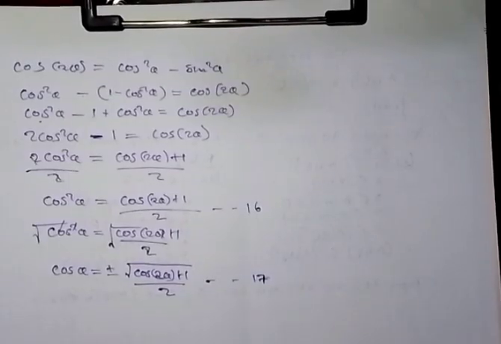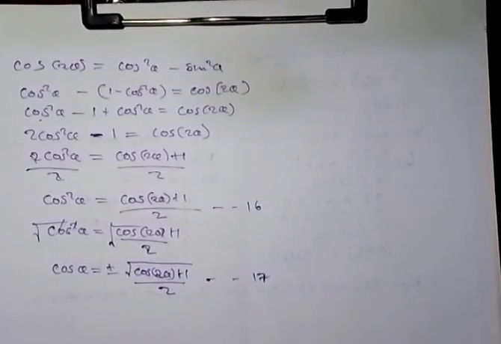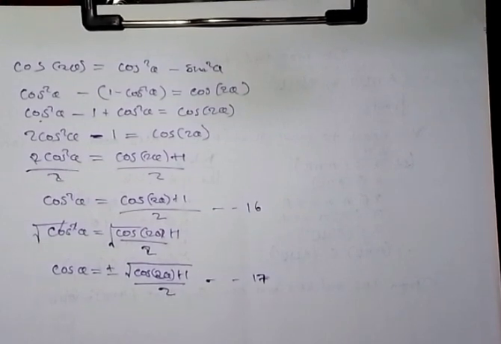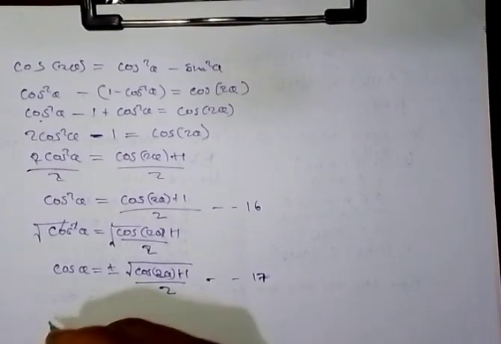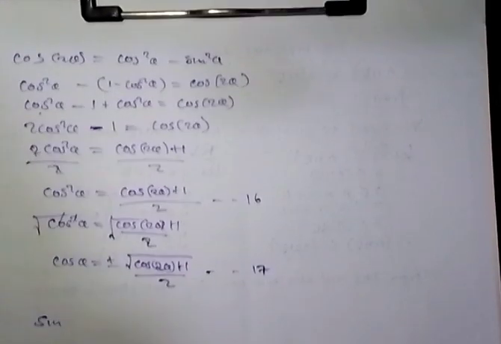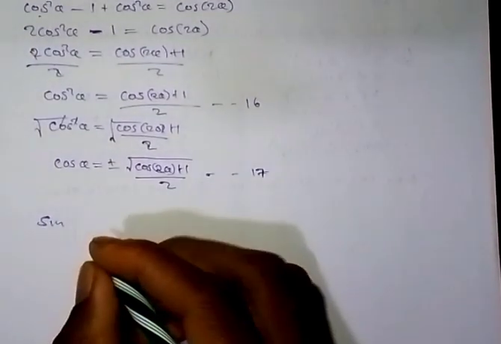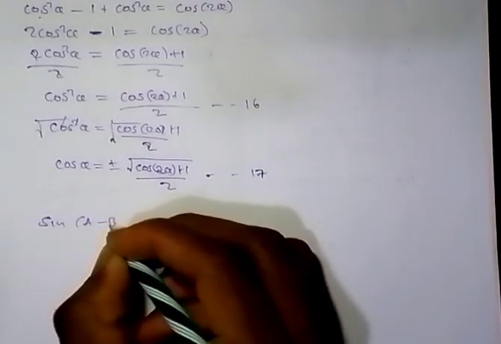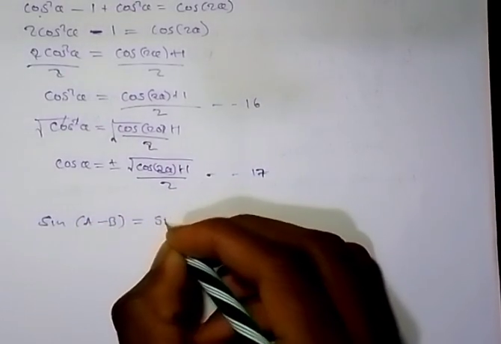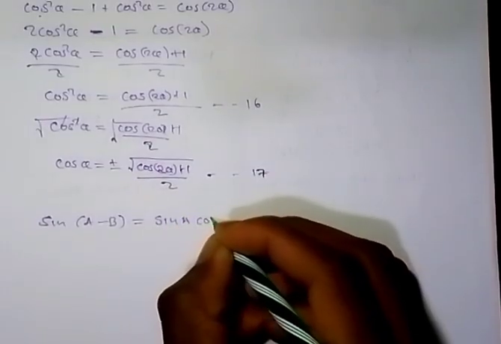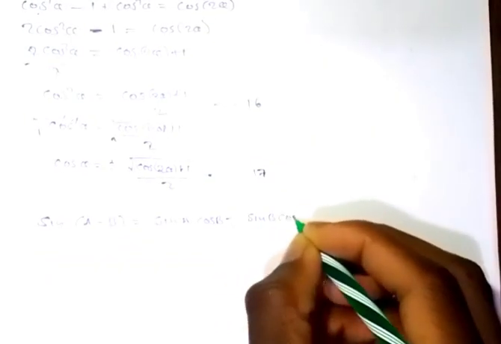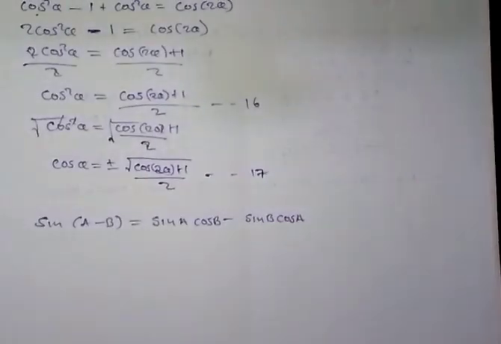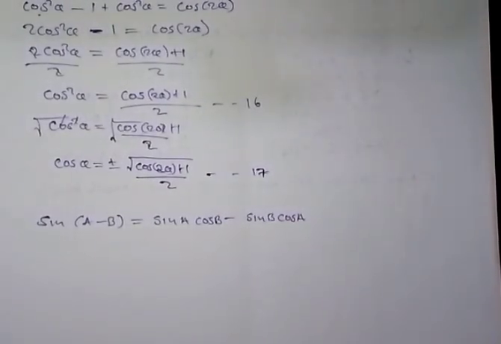From there now we can go to identity number 2 and see what we can get. So identity number 2 is sine A minus B is equal to sine A cos B minus sine B cos A. Okay, so here we see that this is minus.